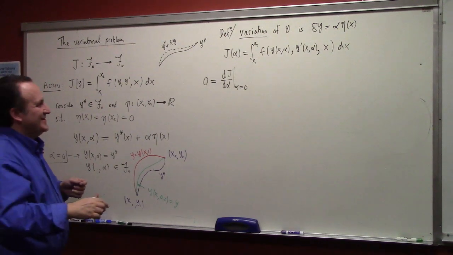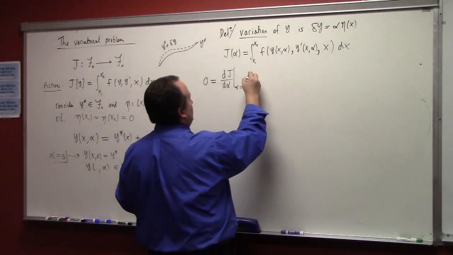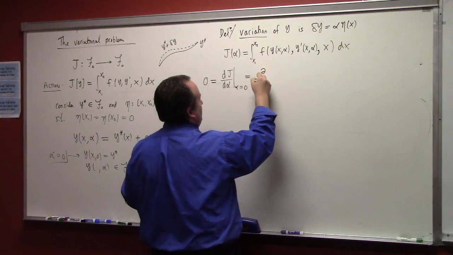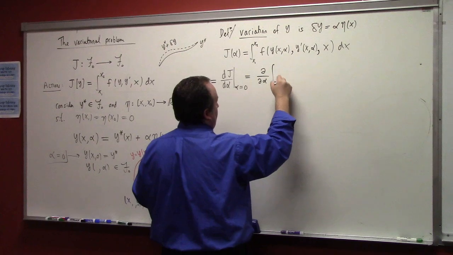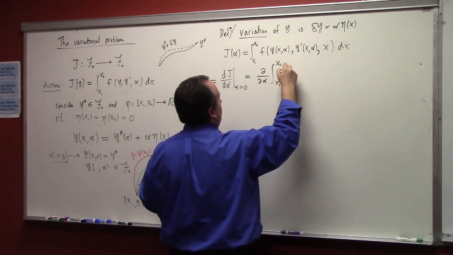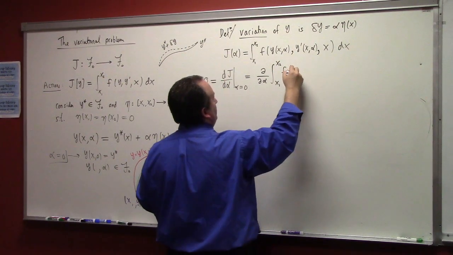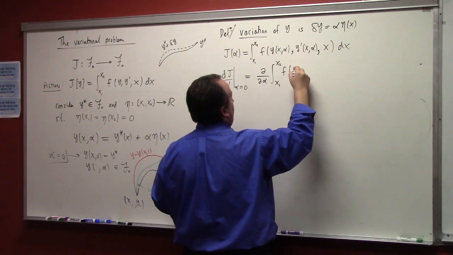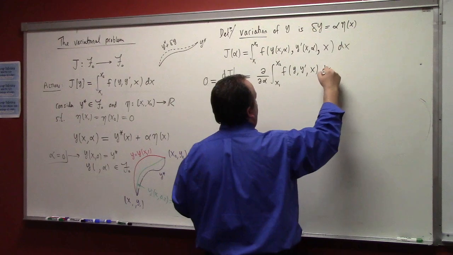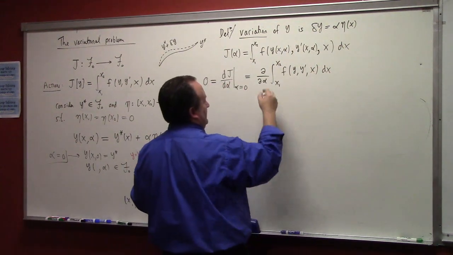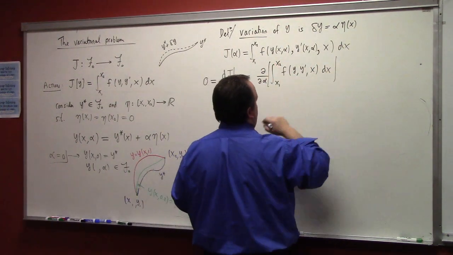So we need to calculate the partial derivative with respect to alpha of this thing, with this dependence more explicit in the step above. So what are we going to do?